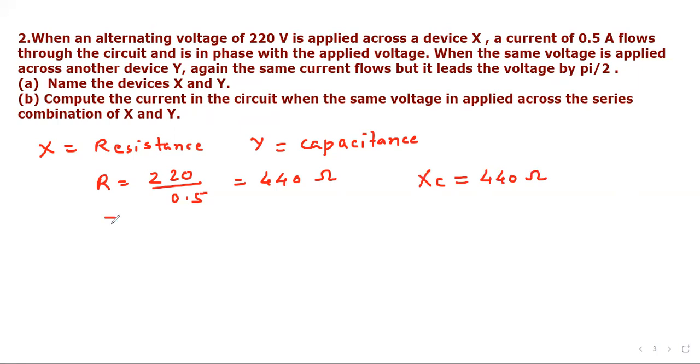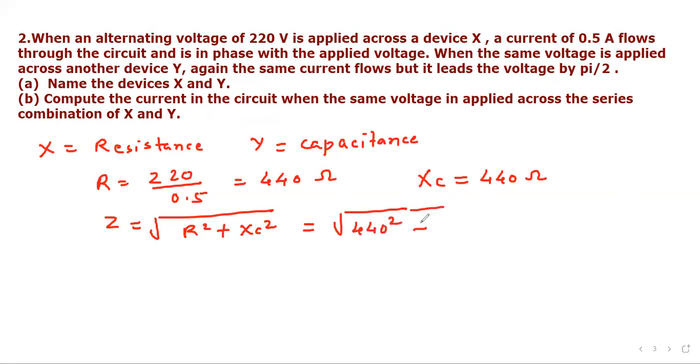Now we can find impedance Z. Z is equal to root of R square plus XC square, that is 440 square plus 440 square, that is 440 root 2, which will give 622.25 ohm.